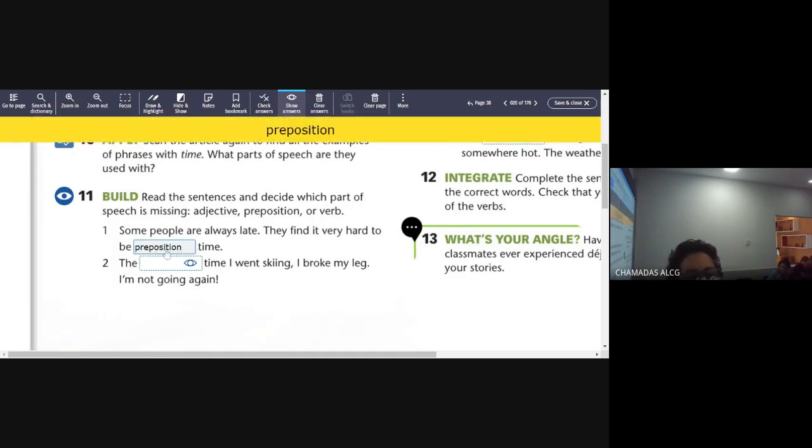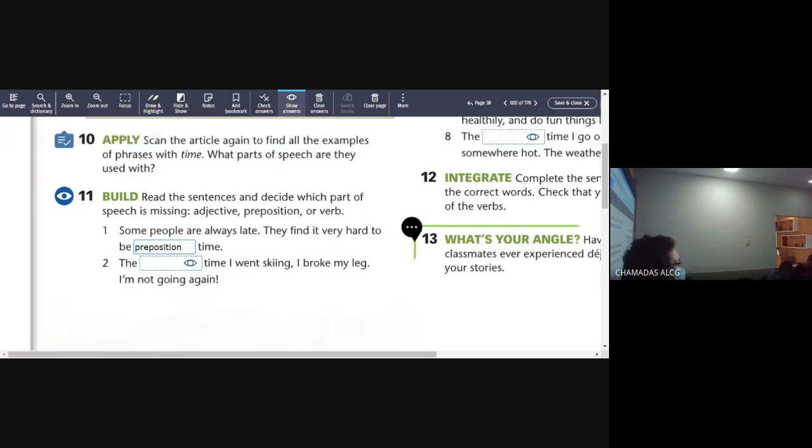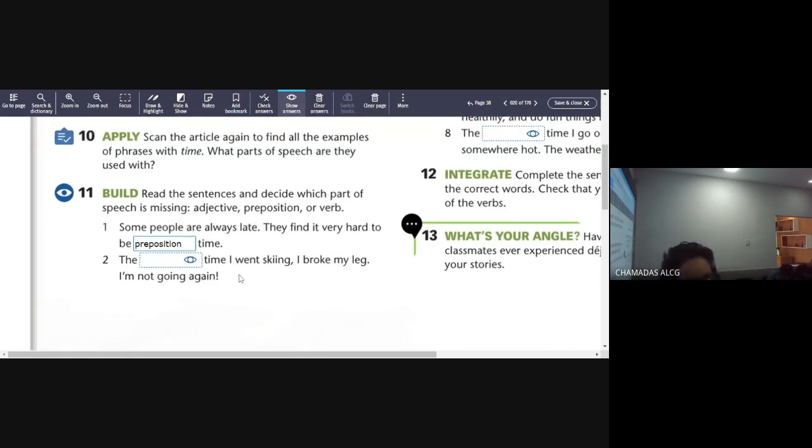It's a preposition that is missing. So instead of using on time here, they want to put the part of speech. But of course, you can put on time and beside here, you write preposition, okay? I think it's better. So try to do the others.